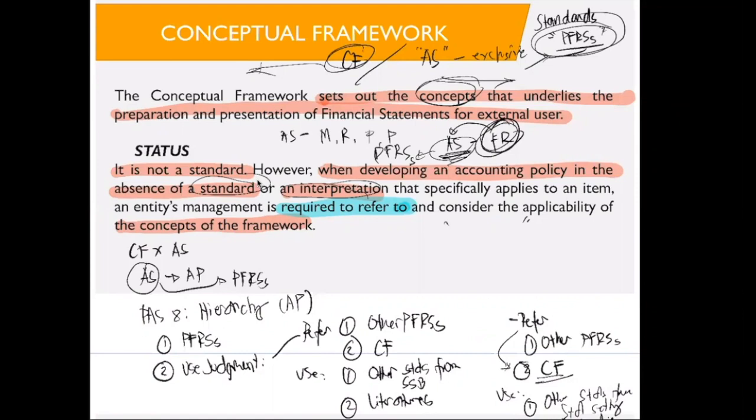Okay? So again, our rule: if there is a transaction or event, you use your accounting policy under your PFRSs. If not, then you can use your other PFRSs and then the conceptual framework.